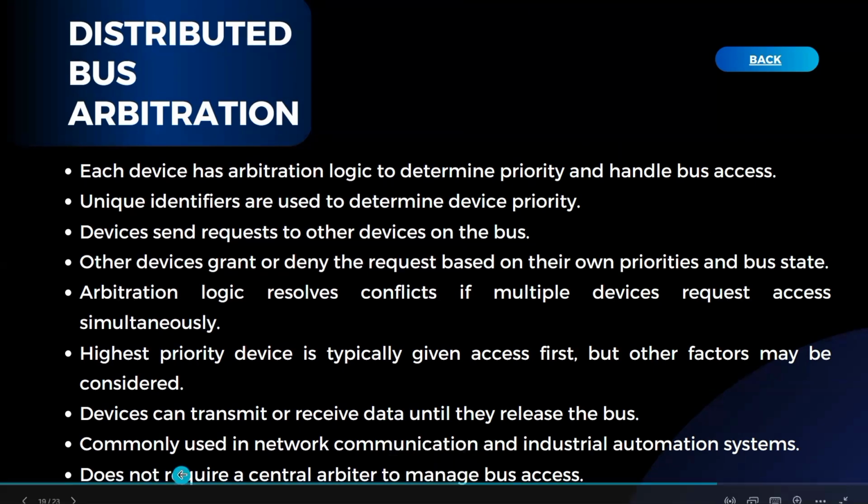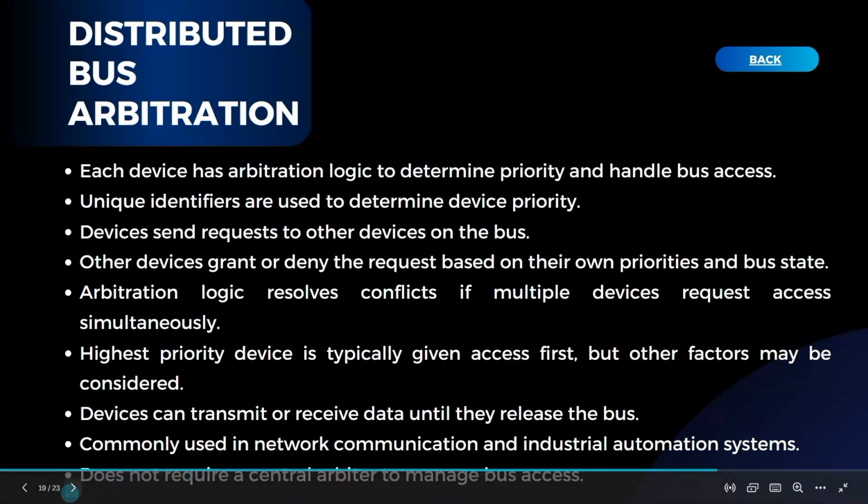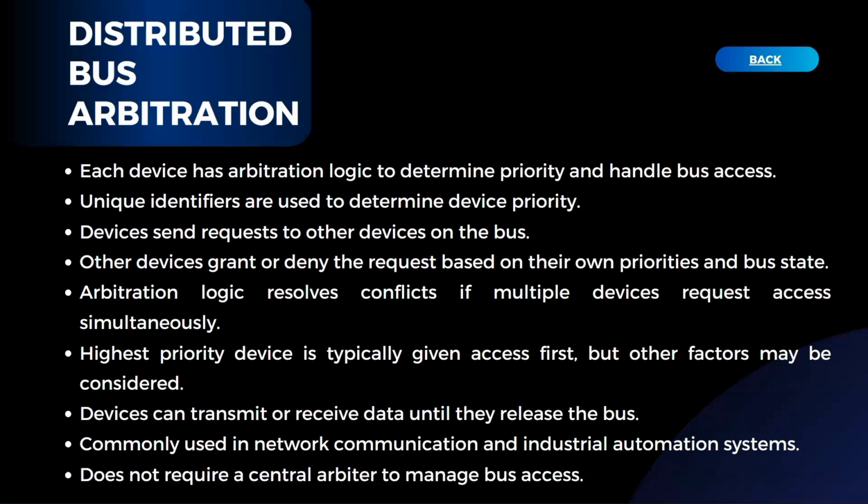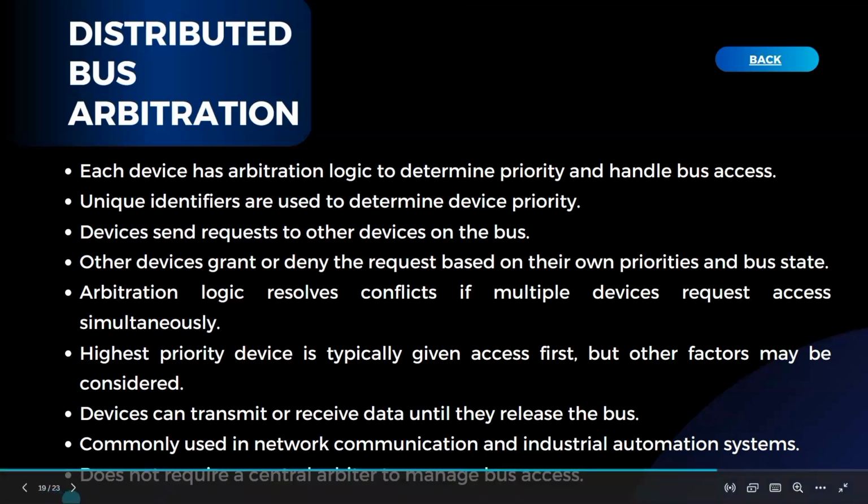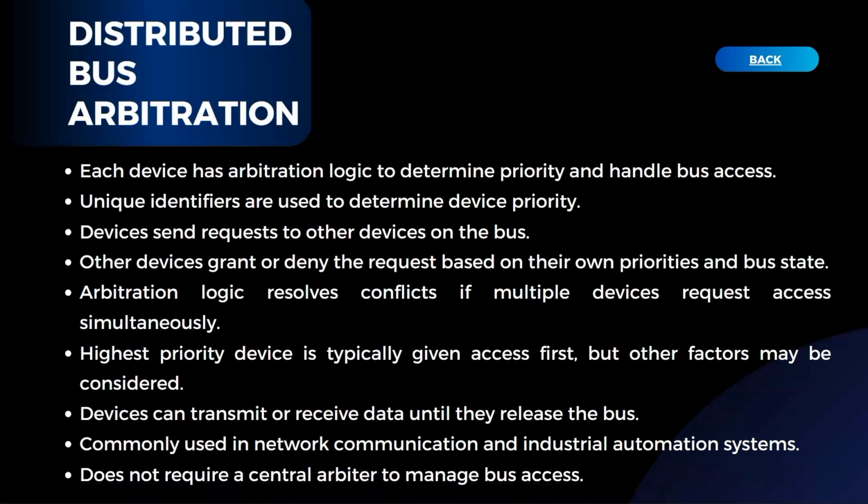Other devices on the bus can either grant or deny the request based on their own priorities and the current state of the bus. If multiple devices request access to the bus simultaneously, the arbitration logic of each device resolves the conflict based on its priority and the priority of other devices.